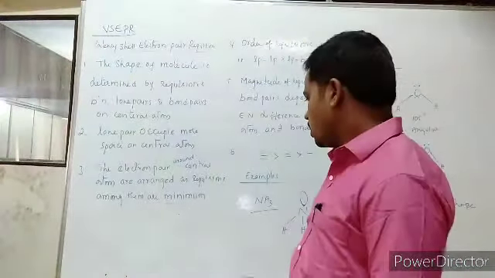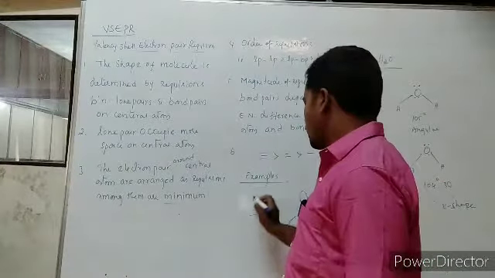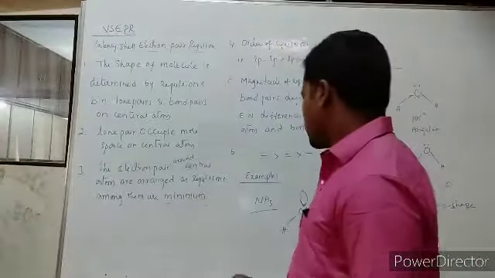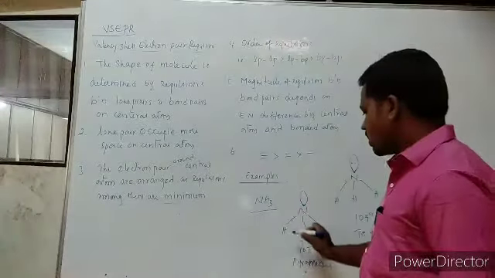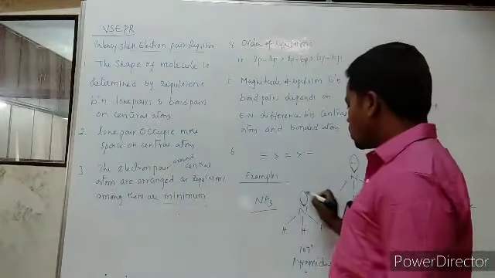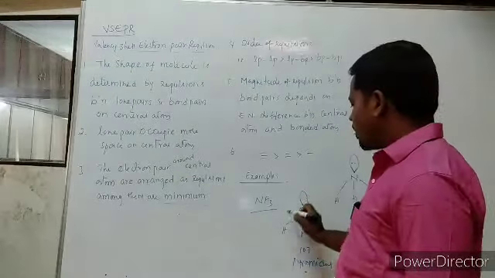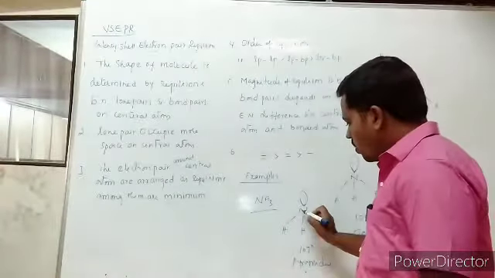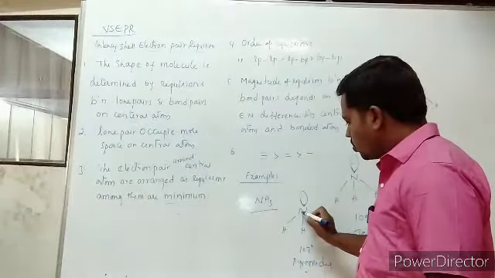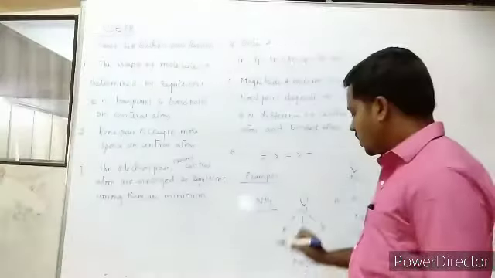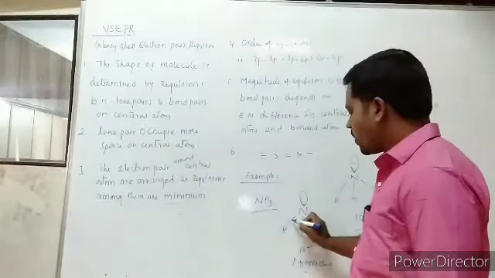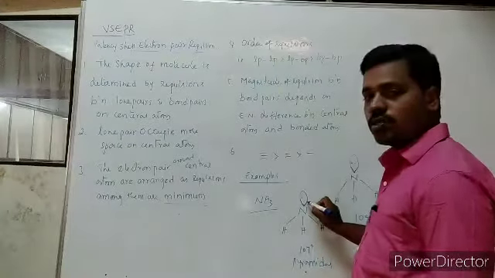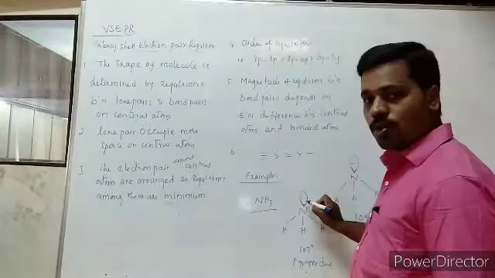For example, if we take ammonia, here I have written the formula of ammonia, which is NH3, and here I have represented the structure of ammonia. In this structure, the bond between nitrogen and hydrogen is called a bond pair, and the dots present on nitrogen are called lone pairs.